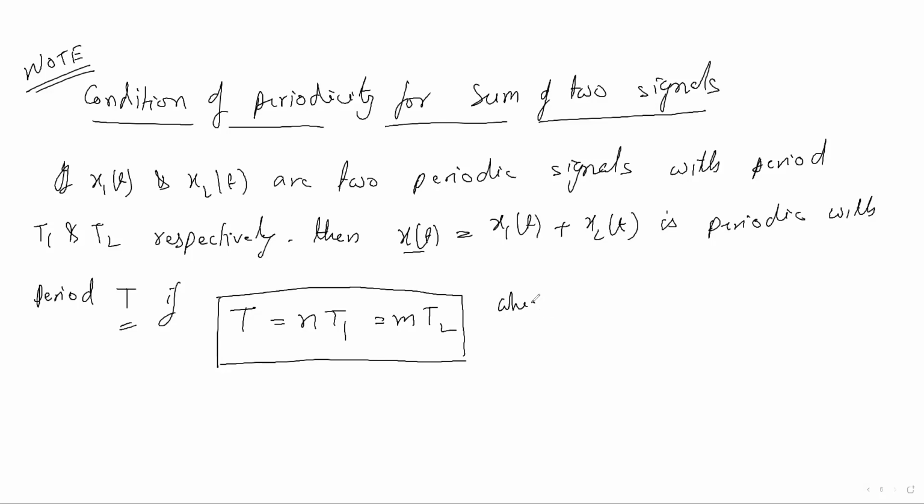You can write like this, where T1 by T2 should be M by N. What are M and N? These are integer values.